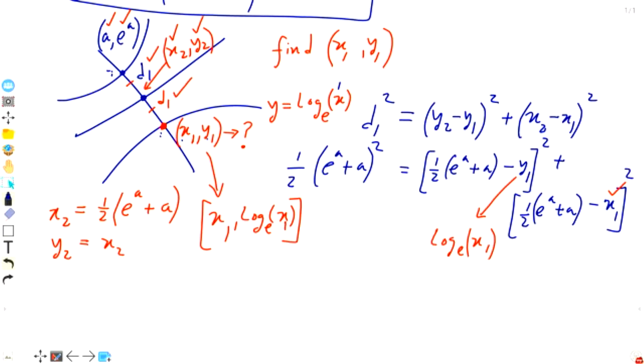If this point is x1 and y is y1, if the function is given to you, y1 can be replaced by this. Obvious, right? So if you have y1 and x1, you leave x1, you replace y1 by x1. So in the entire equation, what do you have? X1 only, right? Game over, because your priority is to find x1 and y1. So from there you can find x1, right?